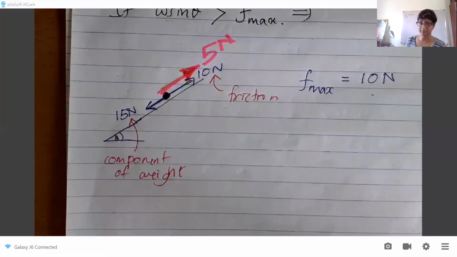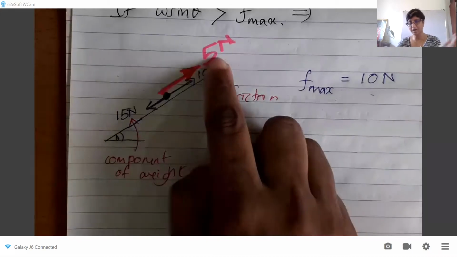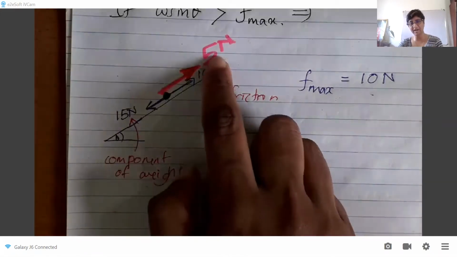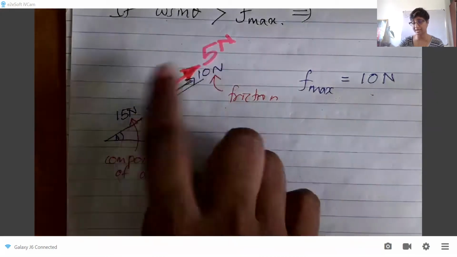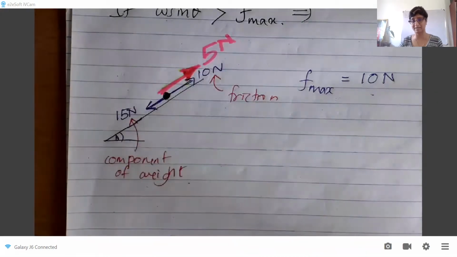It would still come down because there is an unbalanced force of 1 newton downward. If I give 3, none of that is enough. Can I give 1 newton and keep it still? No. 2 newton, 3 newton, no, because I'm short of 5 upwards to make it balanced, right? Exactly 5 would make it balanced.